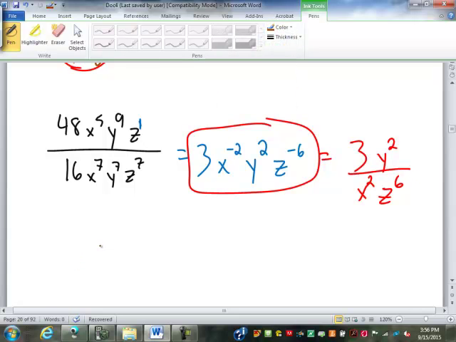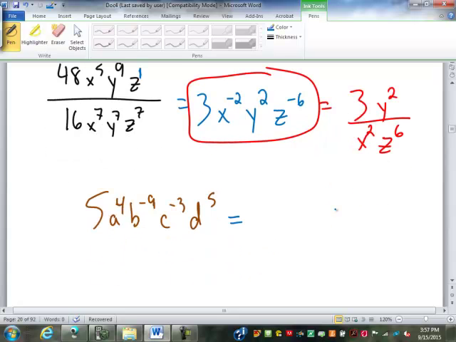So let's say I have 5 a to the 4th, b to the negative 9th, c to the negative 3rd, d to the 5th. And I want to write that using only positive exponents. How am I going to write it?